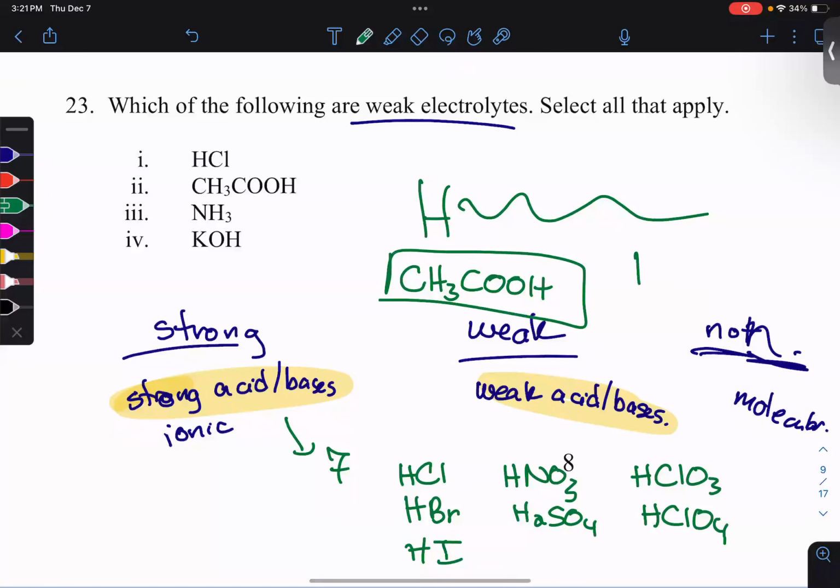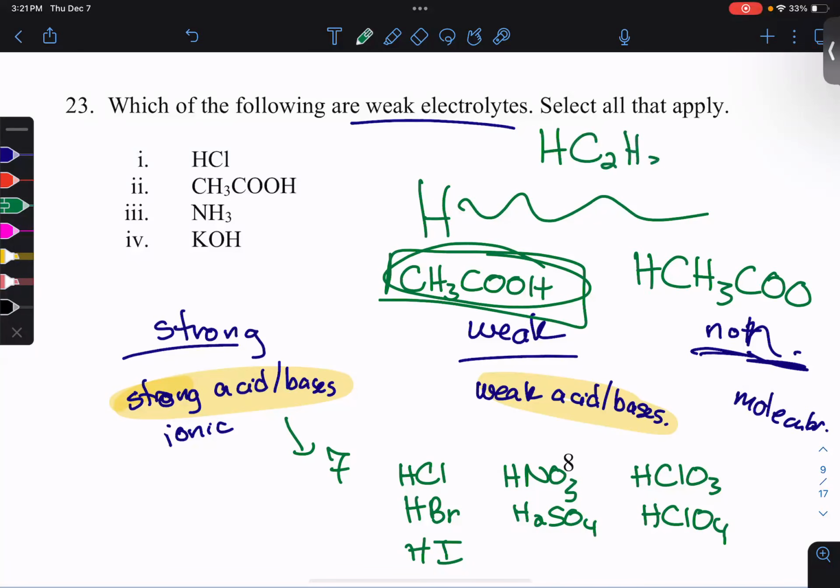Sometimes I'll write acetic acid this way, HCH3COO, so you can clearly see it's an acid, but do recognize that acetic acid can be written differently. It's not always HC2H3O2. I feel like when I was in high school, that's how I remembered acetic acid, but this formula tells us very, very little about the structure. Chemists oftentimes want the formula to represent the structure if we can.